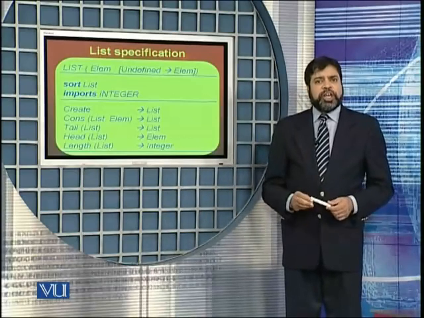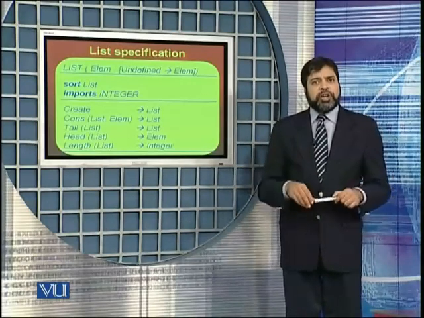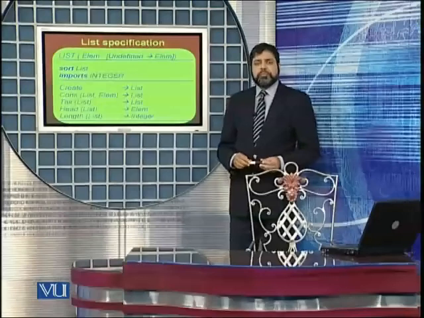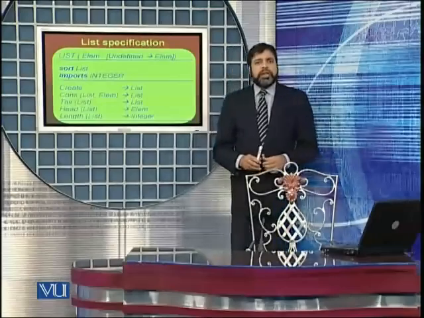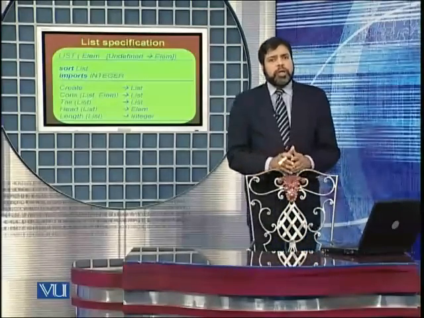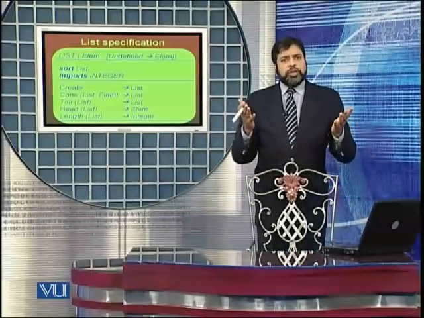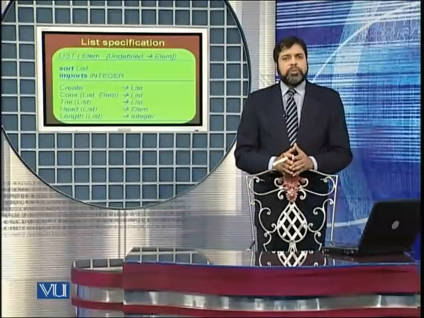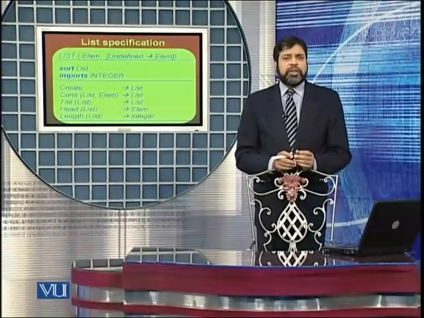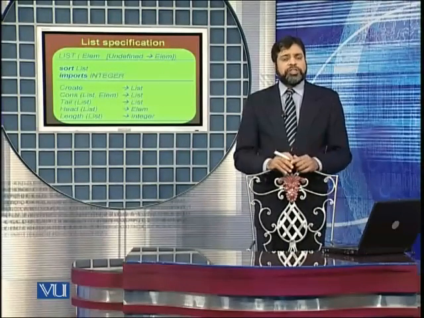And in this particular case, if the input list is empty, it gives an empty list back. Then the head, which gives you the top element of the list. And the last method that we had was the length, which gives you the length of the list.